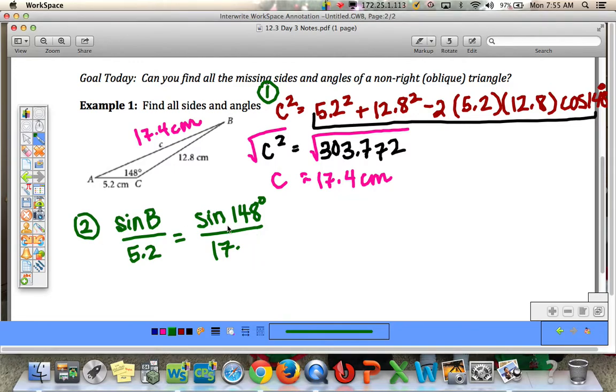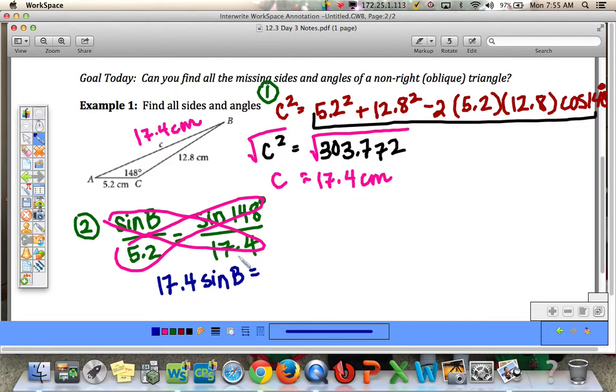We're going to cross multiply and solve for sine of B. So we'll go this way, and we'll go this way, and we'll get 17.4 sine of B equals 5.2 times sine of 148, which will give a number answer, and that number answer is about 1.58. Divide each side by 17.4.